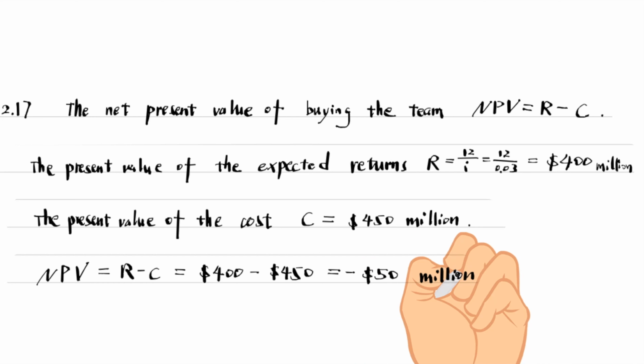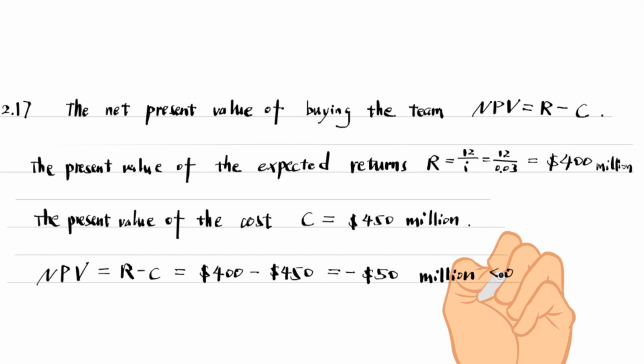The net present value is negative if the interest rate is 3%. It equals minus $50 million.